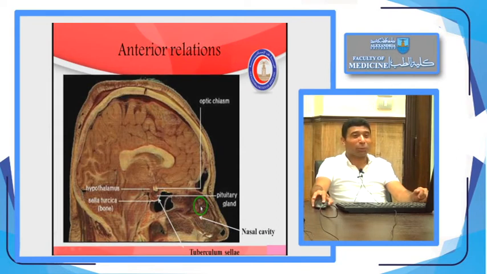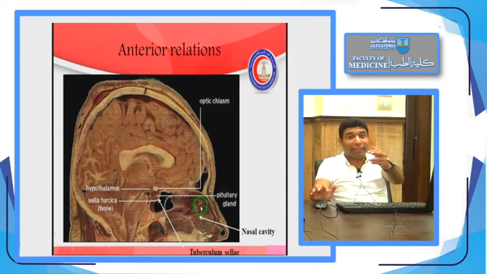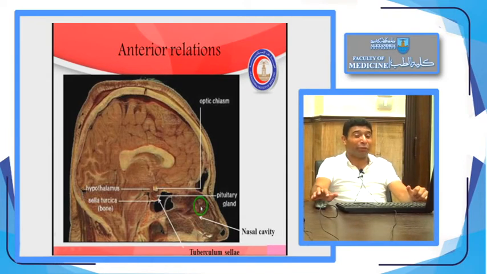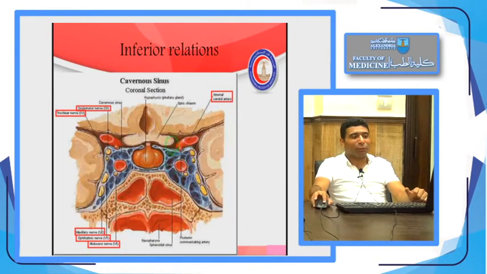Can I ask you a question? Can you tell me what structure I mentioned in both the anterior relation and the inferior relation? Yes, excellent. The sphenoidal air sinus is anterior. Again, the sphenoidal air sinus is inferior.